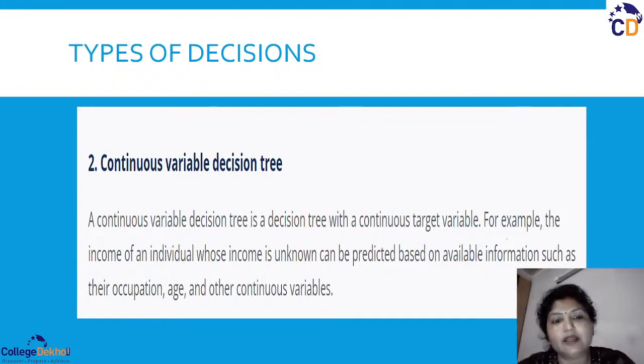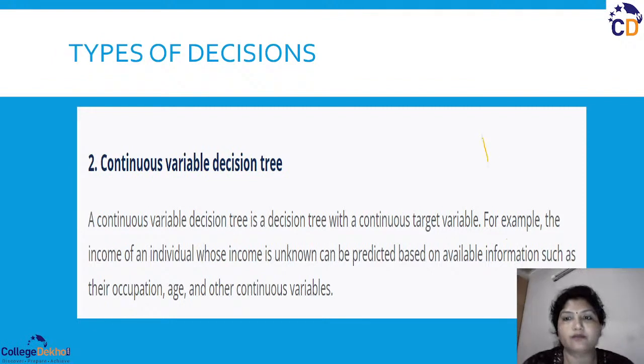For example, the income of an individual whose income is unknown can be predicted based on available information: their occupation, age, and other continuous variables. Suppose I want to check it out in a graph.